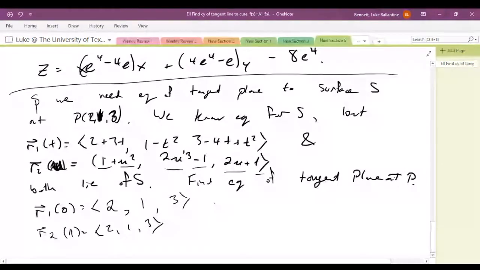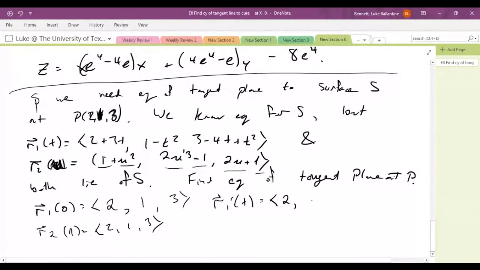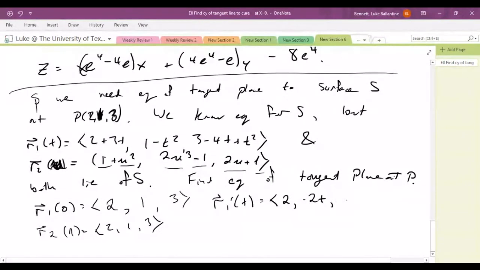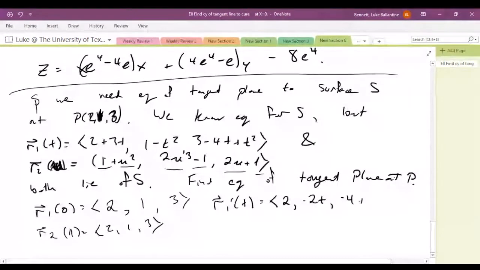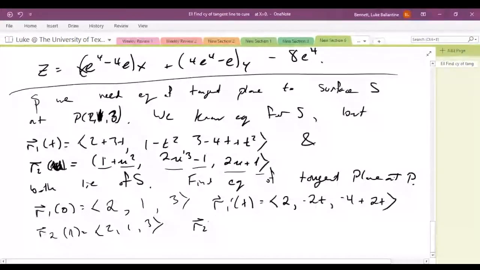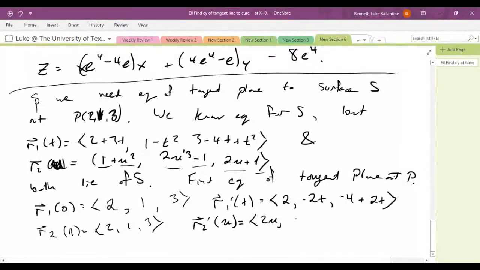So if we take R1 prime of t, which is 2, minus 2t, and then the constant goes away, negative 4 plus 2t, and then we have R2 prime of u is equal to 2u, is that 6u squared, yeah, just 2, okay.